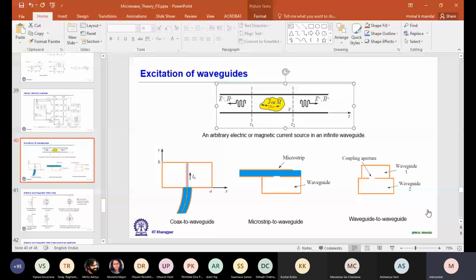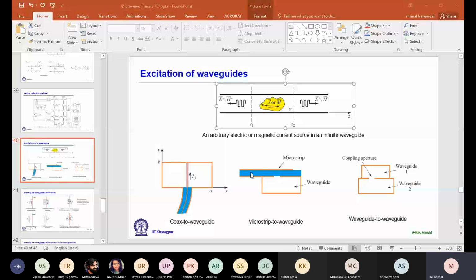Before that, some other transitions. Let's say you have a microstrip line and you want to excite a waveguide structure. What we do is etch a slot on the broad wall. The slot position and its width are important. That determines the coupling between the microstrip line and the waveguide, or Q external, we can say.